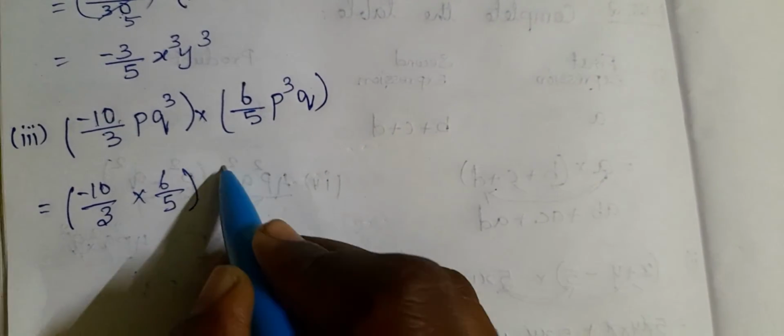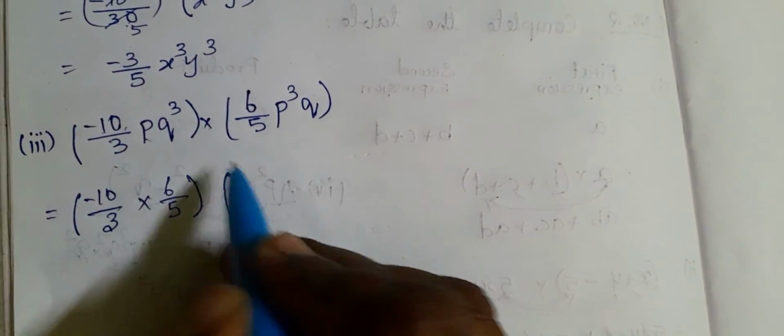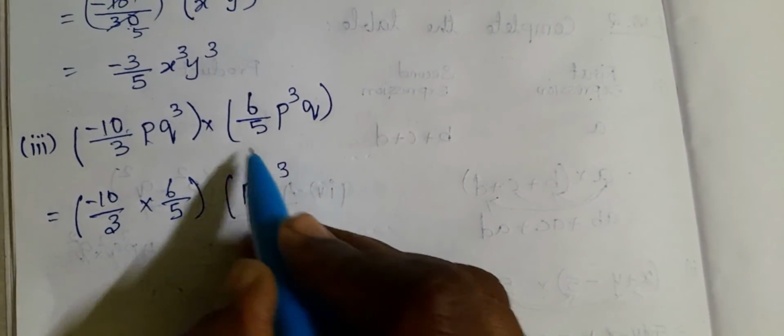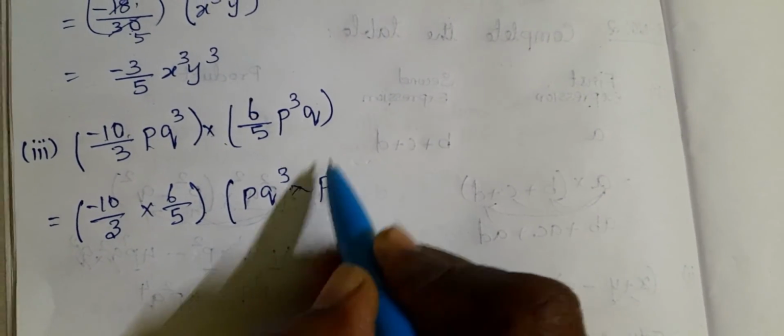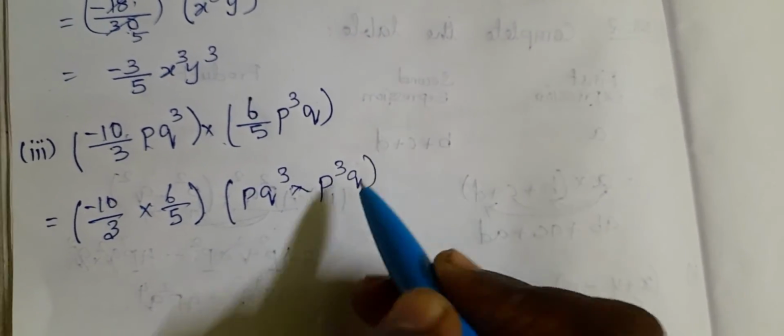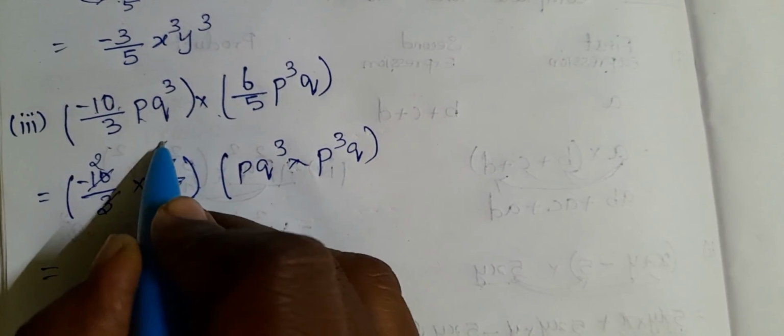Question number 3. As I said in the previous question, take the numbers separately. Minus 10 by 3 multiplied by 6 by 5. In another bracket, take the variables: p q power 3 multiplied by p power 3 q. If there are any possibilities, we can cancel here. 5 ones are 5, 5 twos are 10, 3 ones are 3, 3 twos are 6, 2 twos are 4.